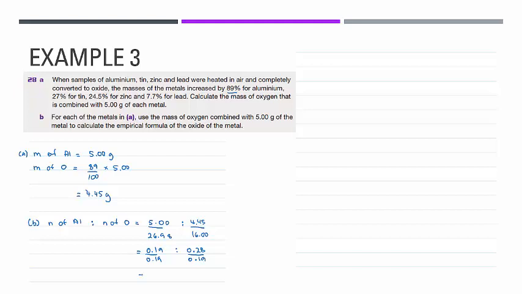And we can see we don't actually end up with a whole number ratio here. We end up with 1 is to 1.5, but to make that into a whole number ratio, I'm going to multiply by 2, so that's 2 is to 3. Okay, so the ratio of aluminium to oxygen is 2 to 3. What that means is that the empirical formula is Al2O3.